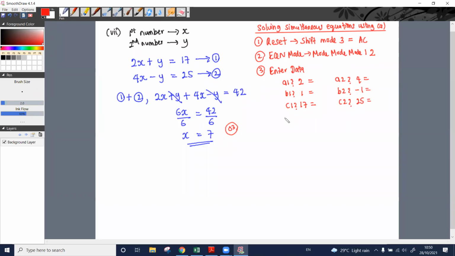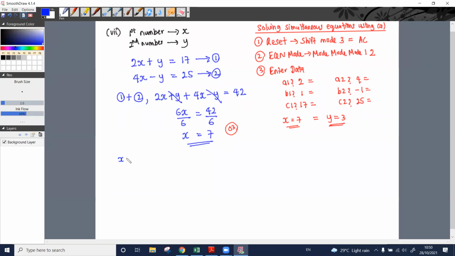Then on the display you can see x equals 7. To get the y value, press equal again. Once you press equal again, you can see y equals 3. Right? y equals 3. We need to get the value of y as well.